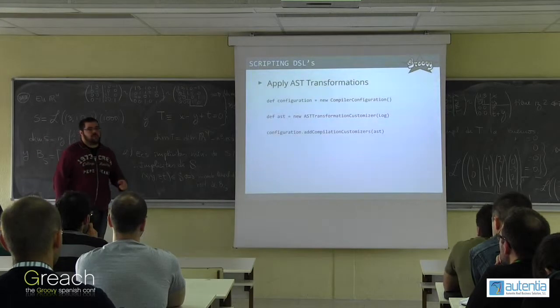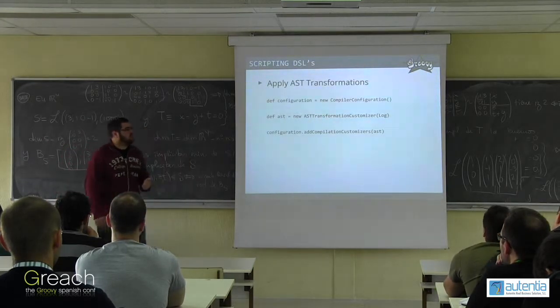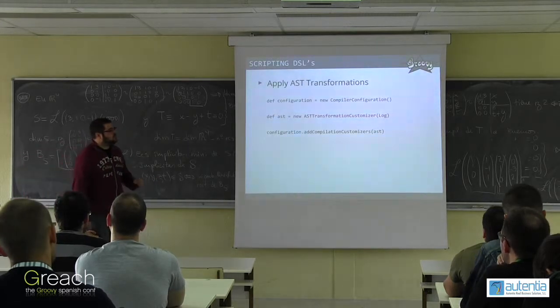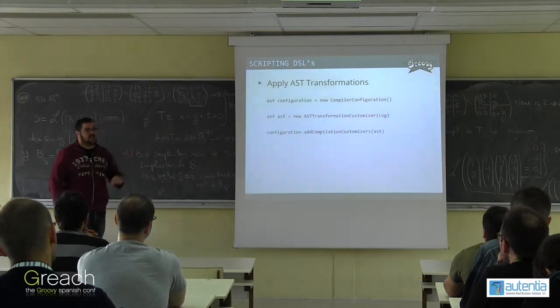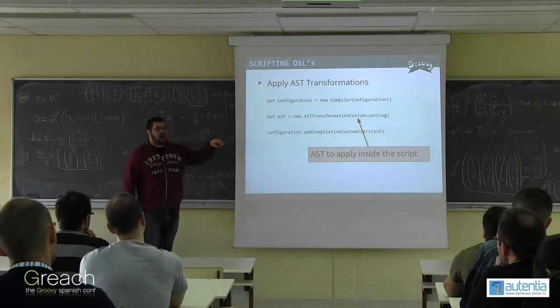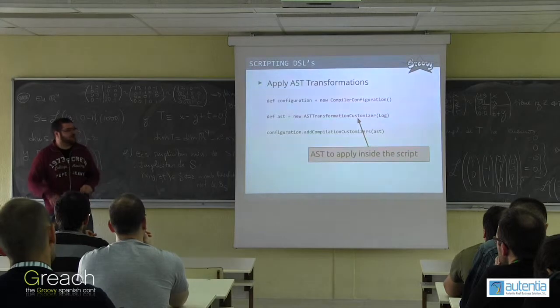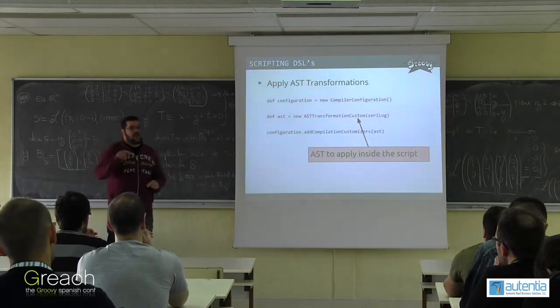But you can also apply the techniques that we just saw in the previous point. You can tell the script that you want an AST transformation to be applied inside that script. In this case, I'm using @Log. I don't know if any of you were in the presentation by Ivan yesterday, but it's one of the ones that uses @Log.